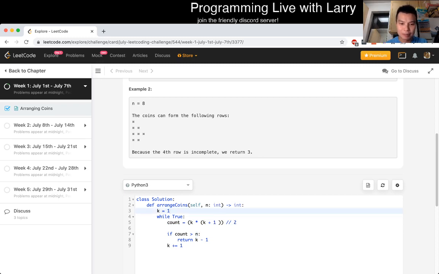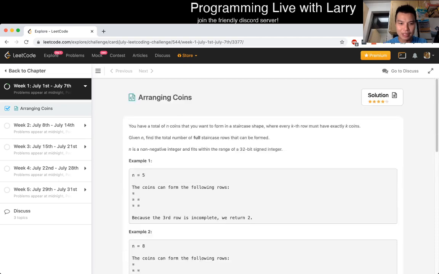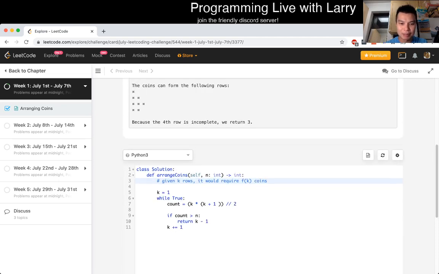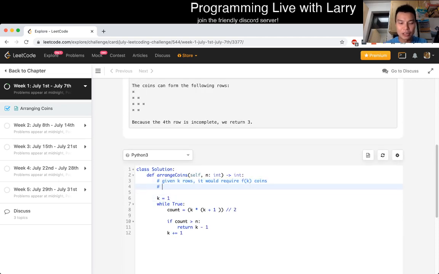So given k rows, it would require, let's just call it, f sub k coins. So now for binary search, we'll find the minimum k such that f sub k is greater than or equal to n.